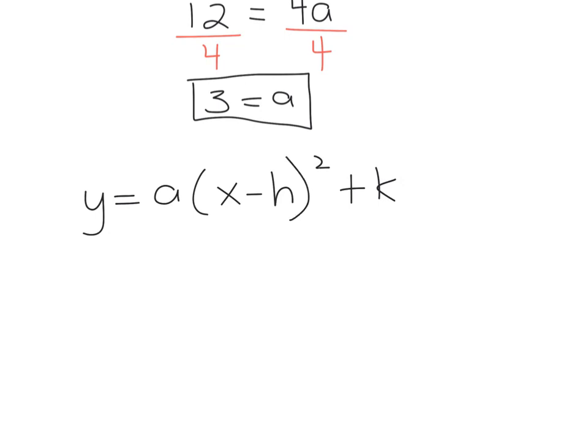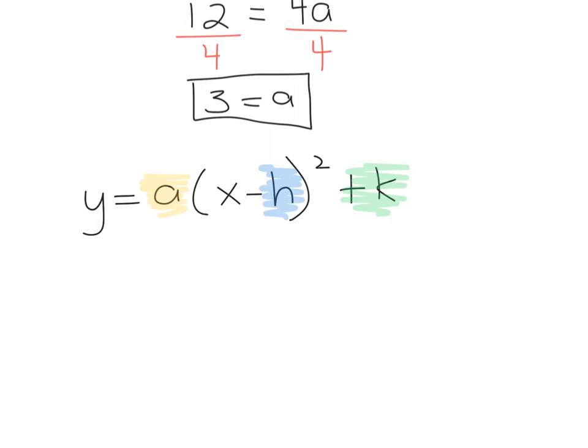The only things that you need to fill in are your a value, your h value, and your k value. You don't need to fill in any numbers for x and y, because x and y really could be any number as long as it's on the parabola.